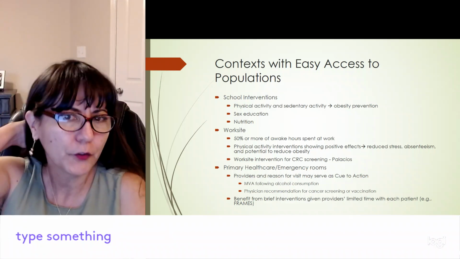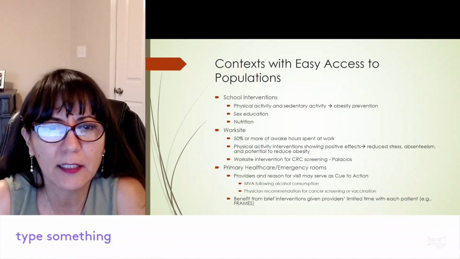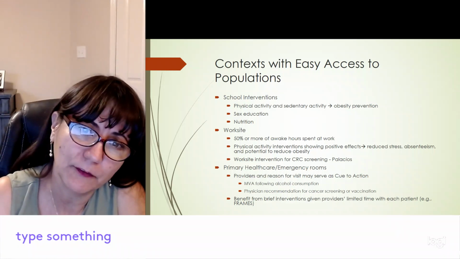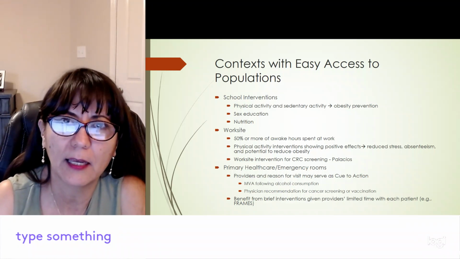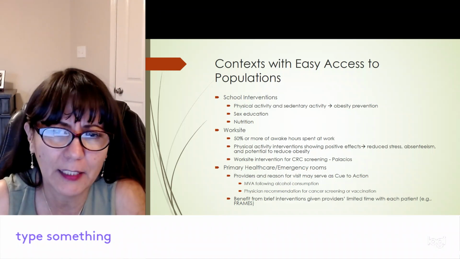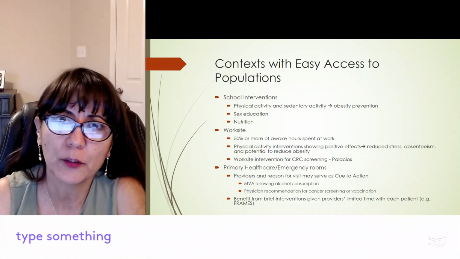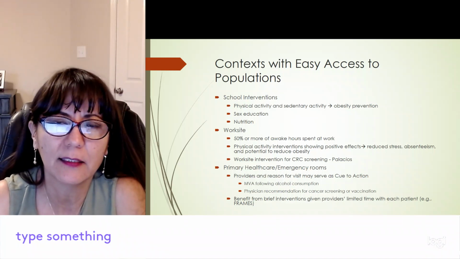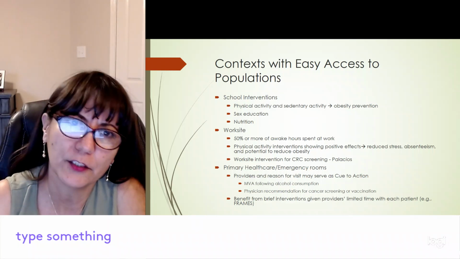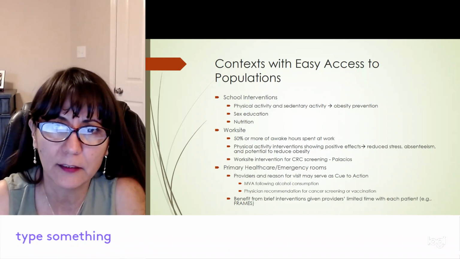And so for schools, they really tend to focus on those sites for physical activity interventions and interventions to reduce sedentary activity. And really, there's a large focus nationwide to try to reduce obesity. We know that obese children have a greater tendency to become obese adults.